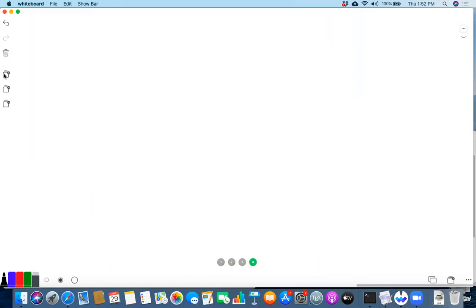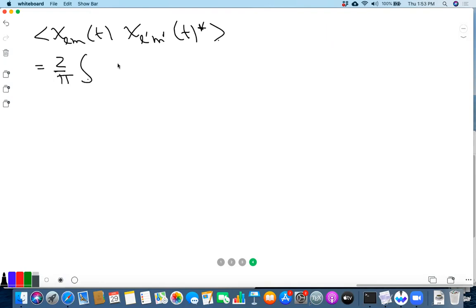So let me write it. So chi LM of T, chi L prime M prime T star. There will be 2 over pi. Then integral d cube k, which I'm going to write as k square dk sine theta k d theta k d phi k.